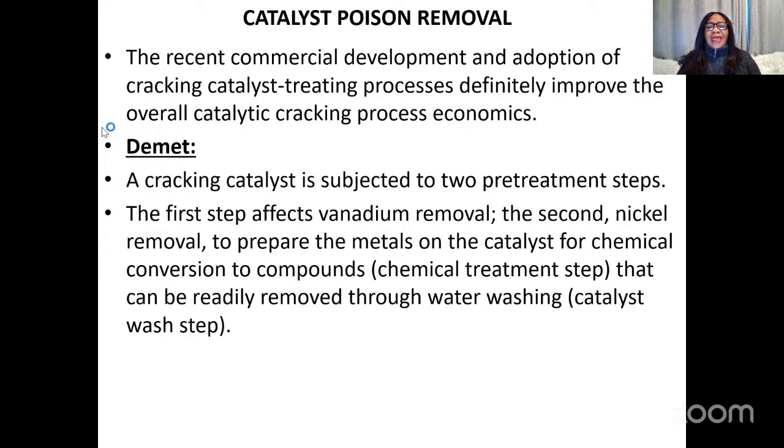The first step affects vanadium removal. The second affects nickel removal, to prepare the metals on the catalyst for chemical conversion to compounds. What you do then is remove these metals by getting them into a form that can be removed by water. And so, treating it to the form that can be removed by water, you then use water and wash off that compound from the catalyst.